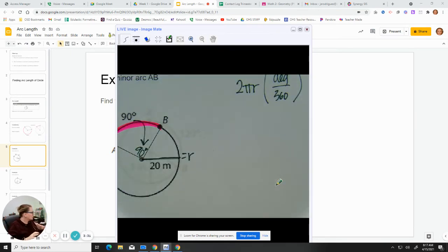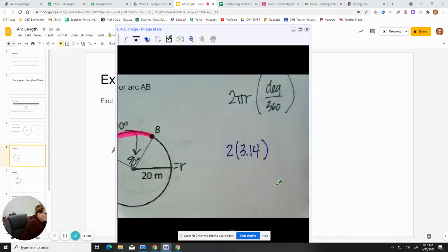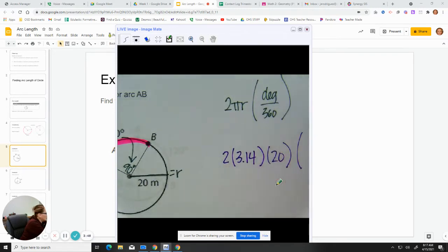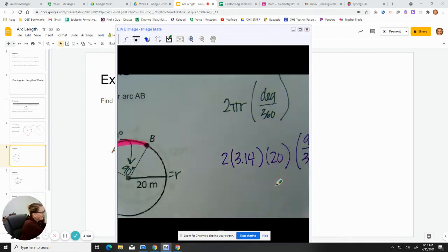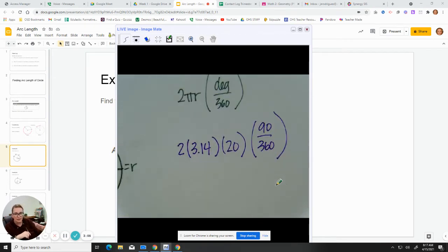So now it's literally just a matter of plugging in and solving. We're going to replace pi with 3.14. We're going to replace r with 20. We're going to replace the degree with 90. And then it literally is a multiplication problem, okay?